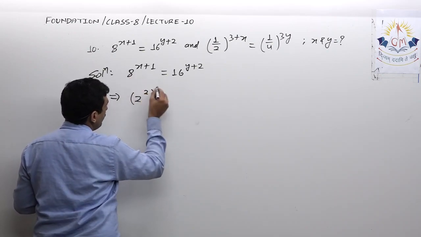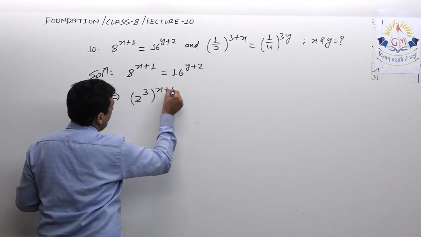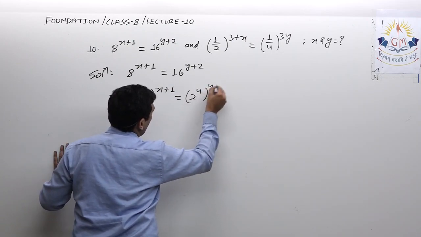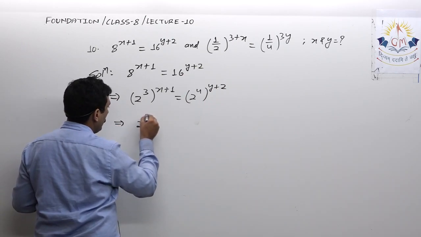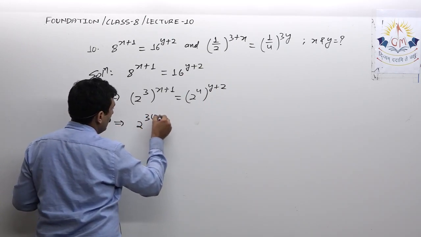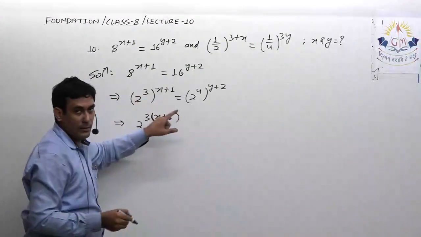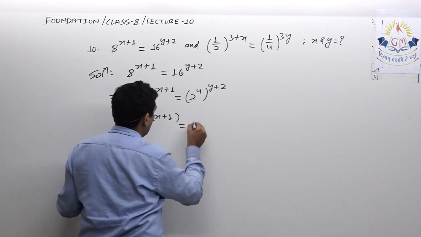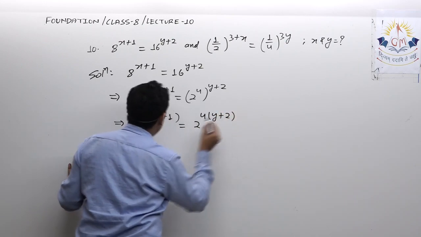So here, 8 can be written as 2 cube, raised to x plus 1. This is 2 raised to 4, raised to y plus 2. When we apply the power law, I will get 2 raised to 3 into x plus 1 is equal to 2 raised to 4 into y plus 2.